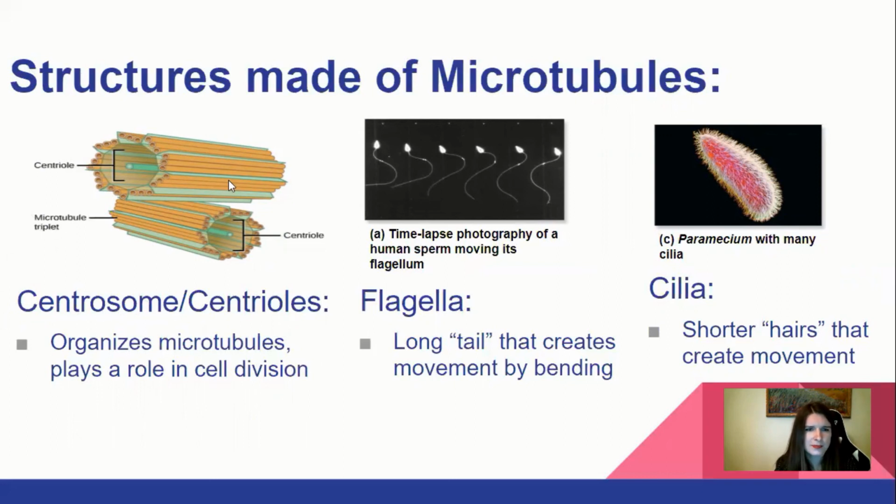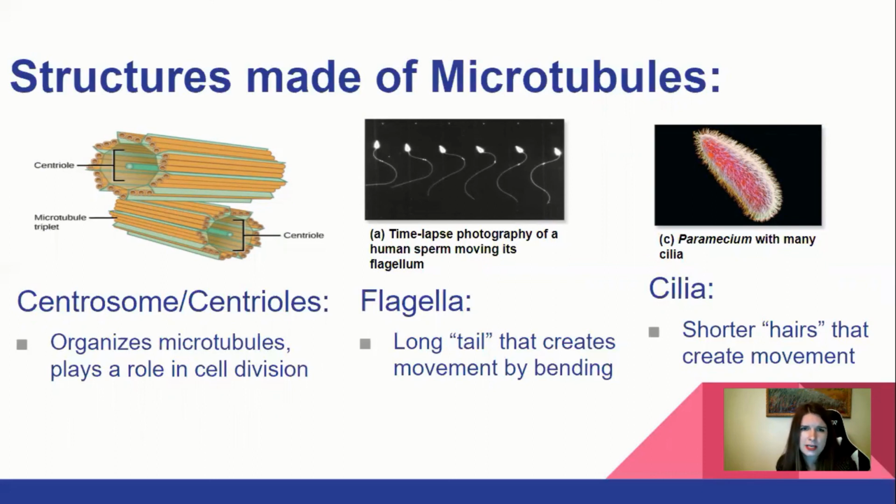It's made up of a bunch of microtubules grouped together. So each of these churro-like things is something called a centriole, and two of them together at 90-degree angles makes a centrosome. So we'll see those again when we talk about cell division.